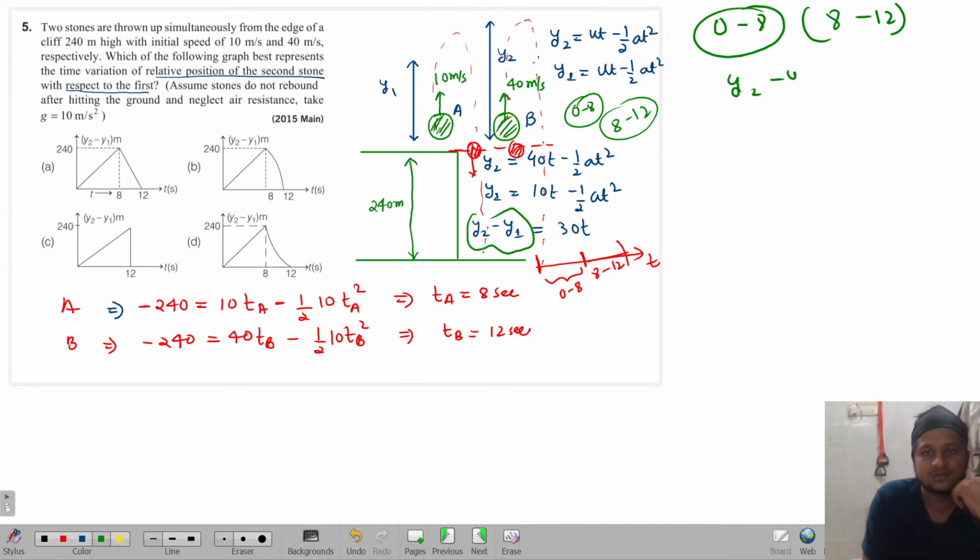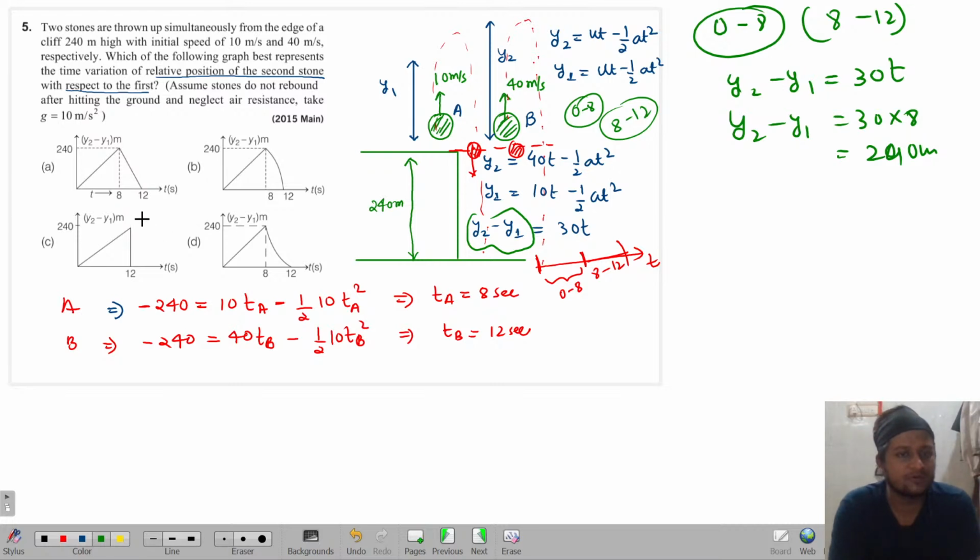Y2 minus Y1 is going to be equal to 30t. So at t is equal to 8 second, find the gap between both the balls. It is going to be equal to how much? Y2 minus Y1 is equal to 30 into 8, which is equal to 240 meters. Okay, so first option is correct. Like in every graph you see that at t is equal to 8 second, Y2 minus Y1 is at how much displacement? 240. So your first part is correct.